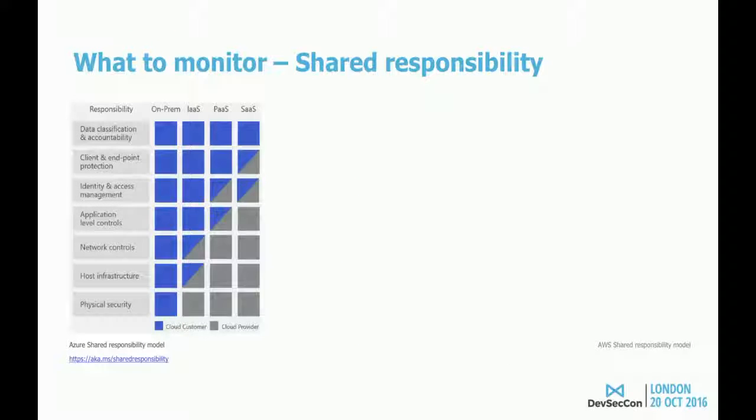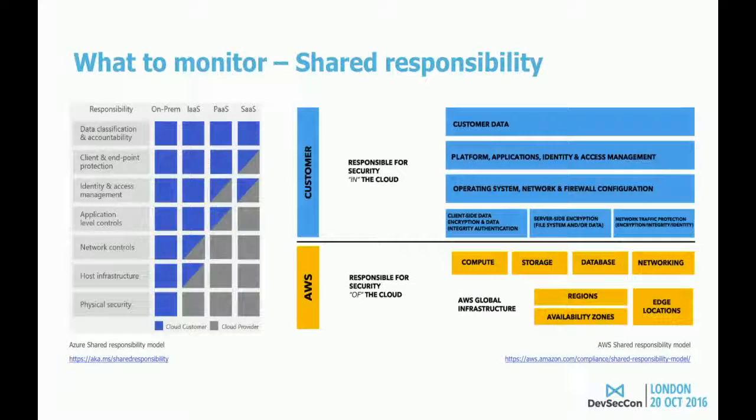So also there's the issue of the shared responsibility model for IaaS and PaaS. The one on the left is from Microsoft. The one on the right is from Amazon. Basically, they take care of part of the aspects of the infrastructure, and you need to take care of everything else.